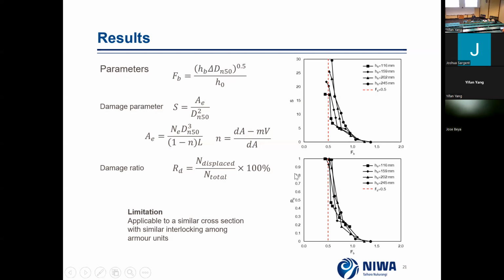We can use this figure and find that value of FB. For example, FB is 1.0, and we can use this FB to link the breakwater property and the tsunami strength.